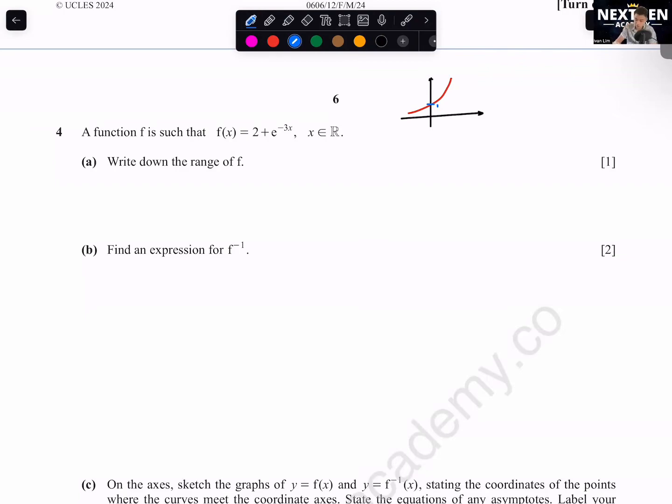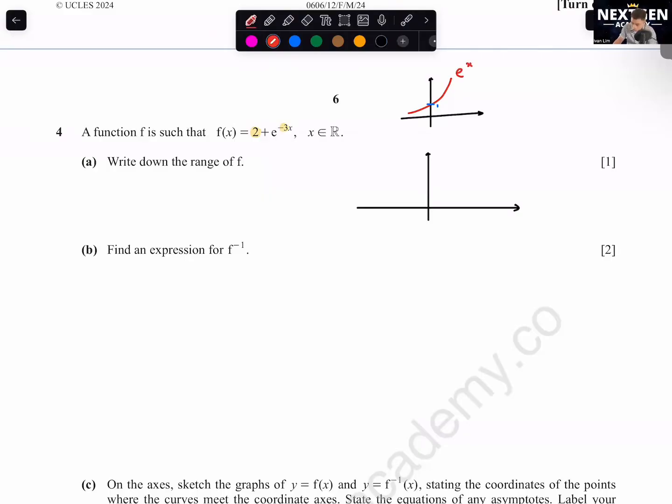This is how we make sense of it. There are two parts to it: the 2 and this negative 3. Let's think about the shape first. This is e to the power of x.